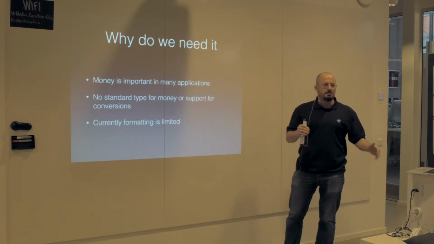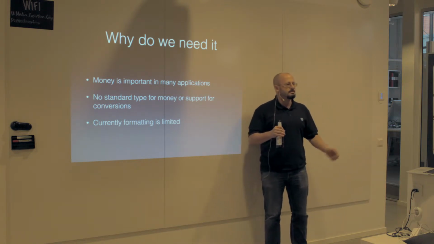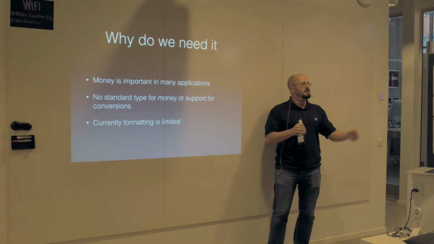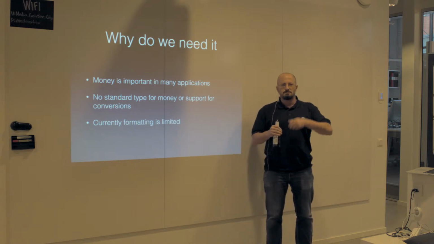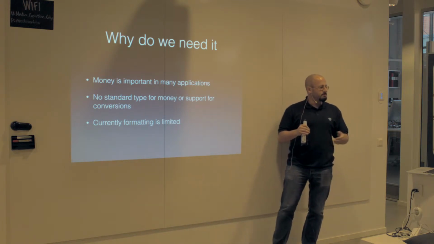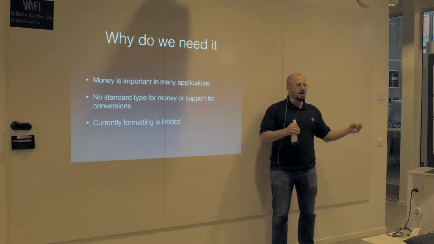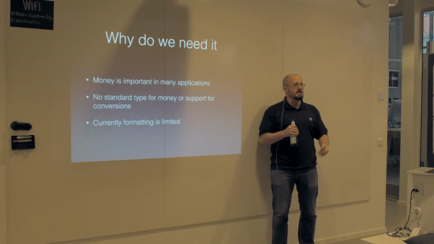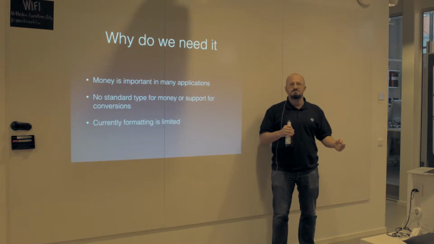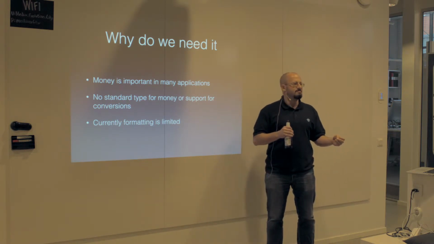Money is a very important type in a lot of applications. We have pubs, we have banking, insurance, online shopping, salary calculations, probably something else. Right now we have no standard type, we have no support for conversions. So if I have Swedish krona and want to have it in Danish krone, it's complicated and a lot of work.